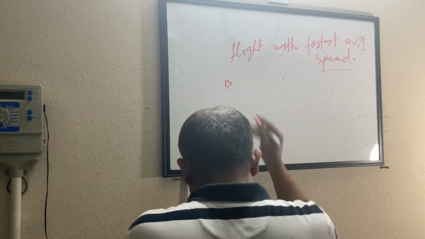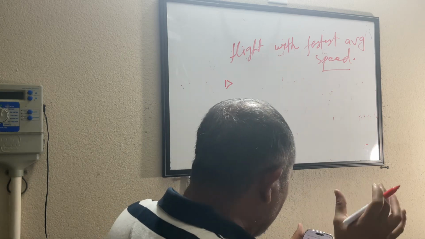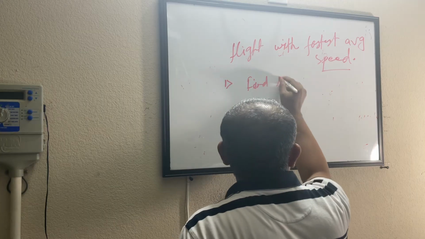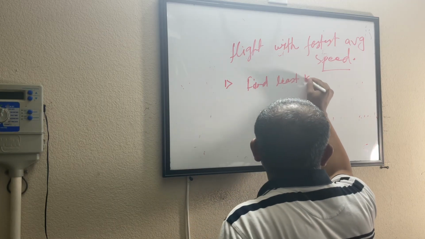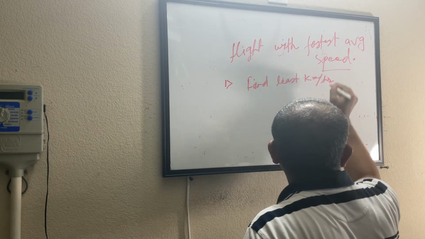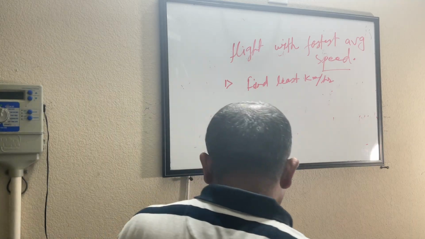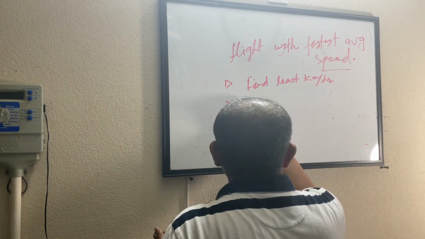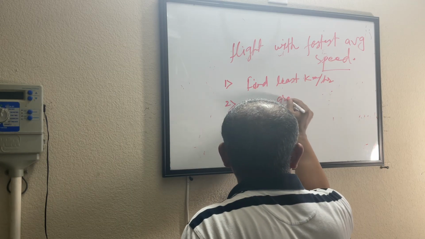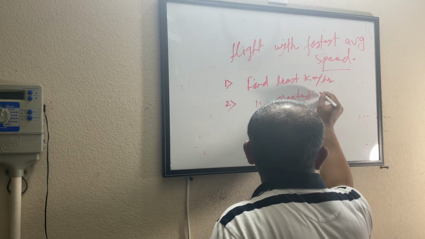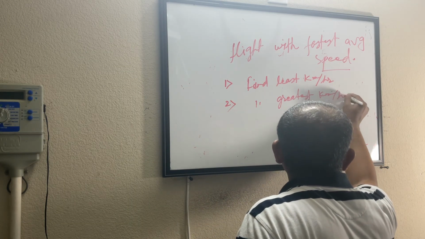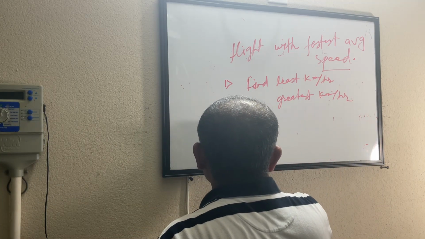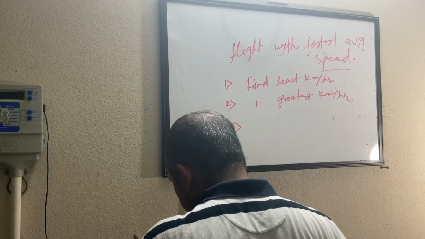First option is find the least kilometer per hour. This is one option. Second option is find the greatest kilometer per hour. And this could be a common sense based problem, okay? That's what it looks like.